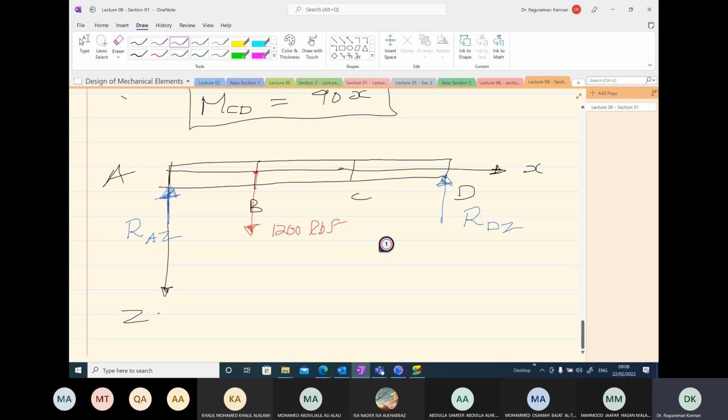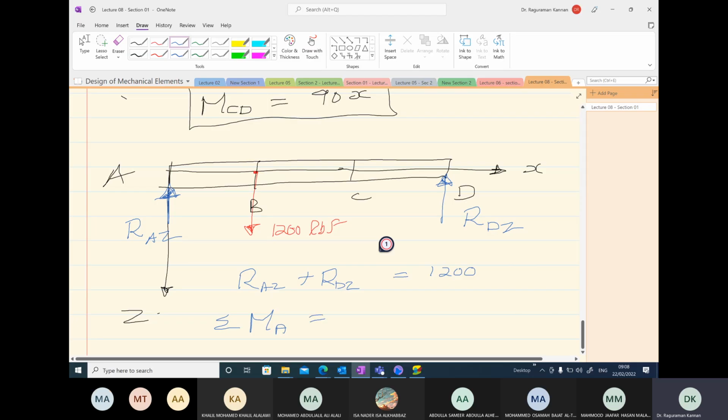I can figure out what these reaction forces are by solving it again. We have the 1,200 pound force. Take moment about one of the points here. Let's take moment about A. What is the equation I'm going to get?